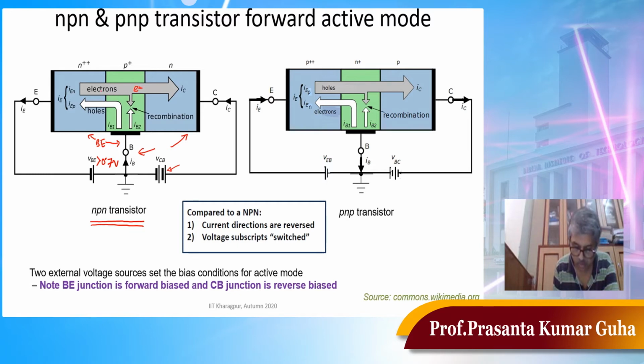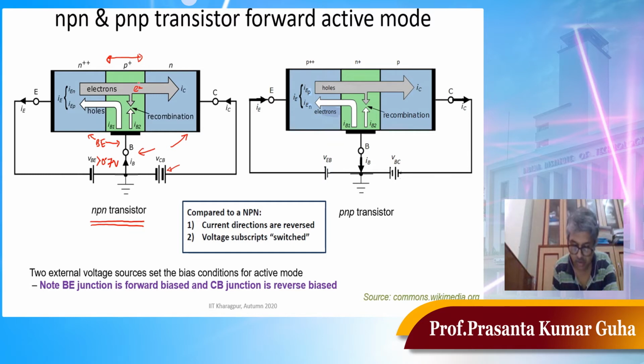Let me reiterate once more: of the electrons which manage to cross this base emitter junction, most of them will be able to reach the collector. The reason behind that is the doping concentration of the base is lower compared to that of the emitter, and also the width of this base is much narrower, so the electrons will not get enough opportunity to recombine with holes.